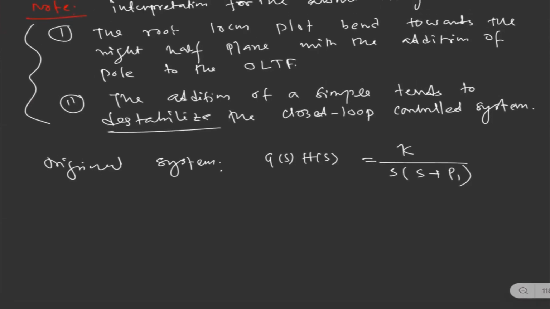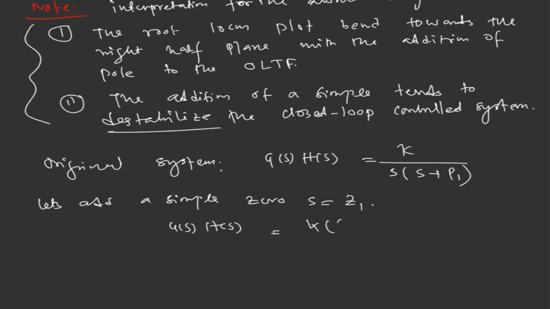And let's add to this transfer function a simple zero, equal to minus Z1, for example. The transfer function would be G(s)H(s) equal to K into (s plus Z1) upon s into (s plus P1).